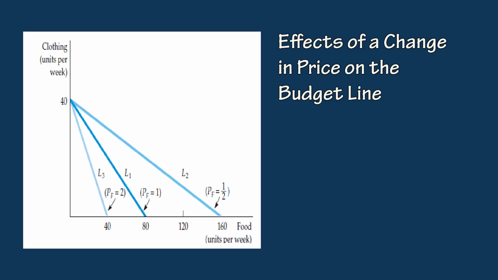So as PF by PC rises, the budget line rotates towards the origin, and as PF by PC falls, the budget line rotates towards the right side, in the outward direction. So PF by PC is the slope of the budget line, and as it changes, rotation of the budget line happens.